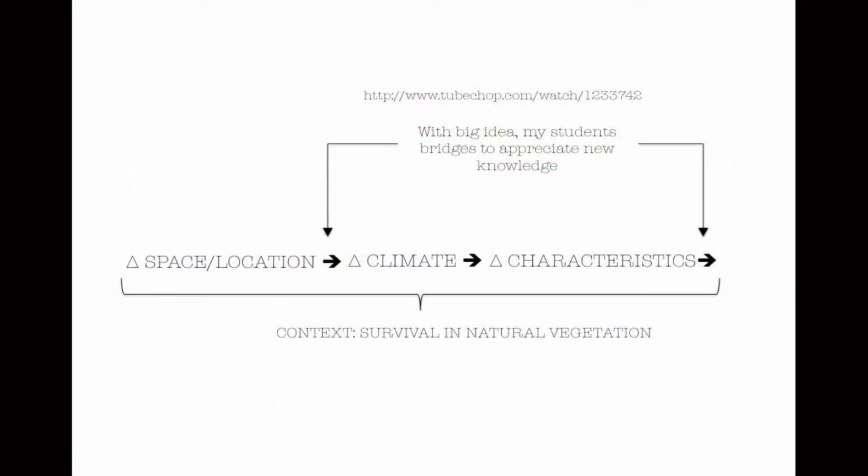Now this is the equation that I've come up with in order to teach my students and help them to understand. So when there is a particular space, a particular location, you will experience a particular climate, and sometimes the climate is unfavorable to the trees, to the vegetation.